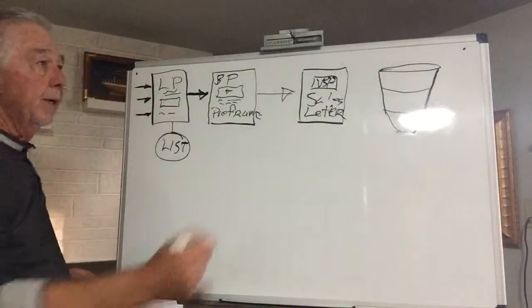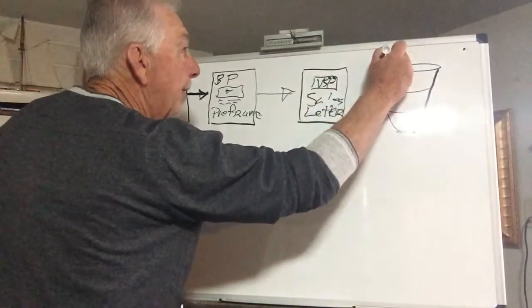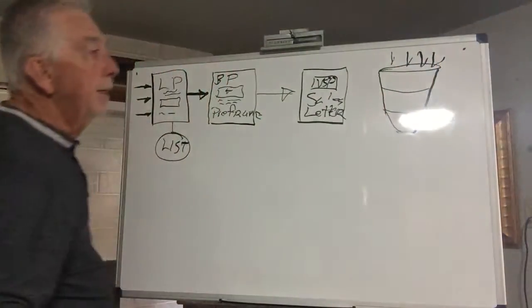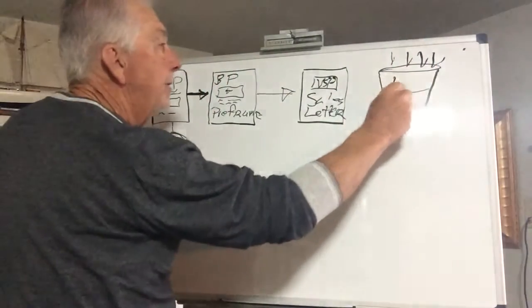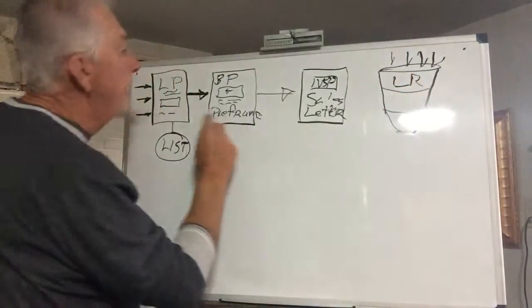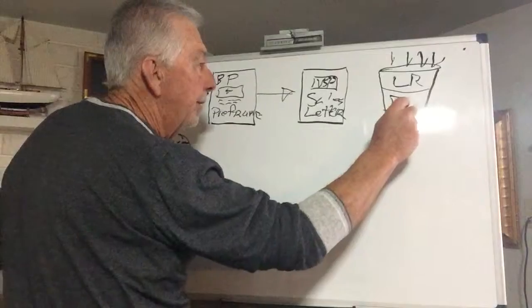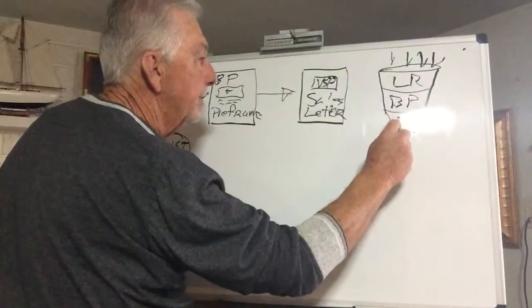And this is the funnel, and you have traffic come in here. This would be your landing page. This would be your bridge page. And this is your sales letter.